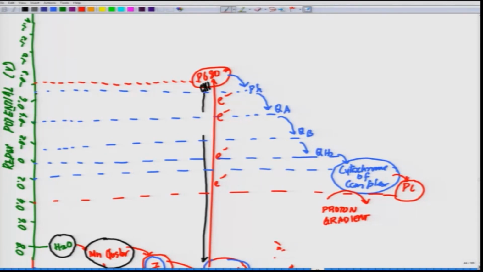Just close to plastocyanin is sitting P700. This is where we are drawing the line between photosystem 1 and photosystem 2.